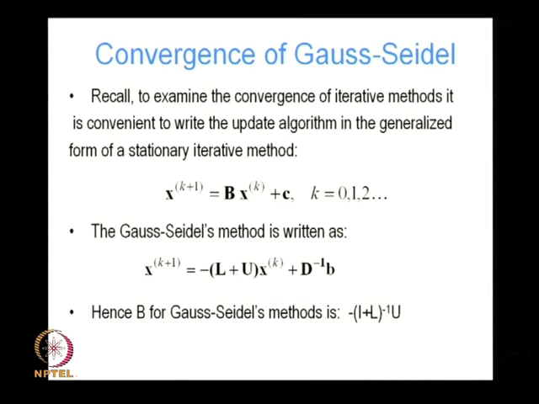So, x^(k+1) is equal to minus (D + L) inverse U x^k plus (D + L) inverse b, if we write the Gauss-Seidel method in the generalized form of a stationary iterative method. Hence, B for Gauss-Seidel's method is minus (D + L) inverse U. This also we have seen last time.